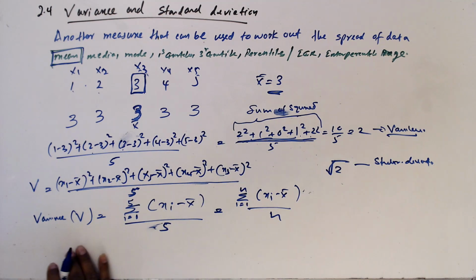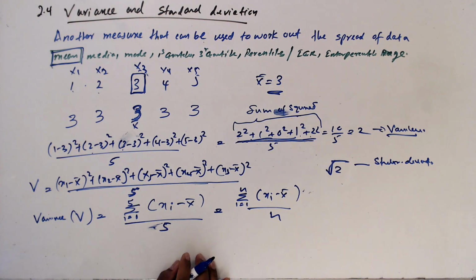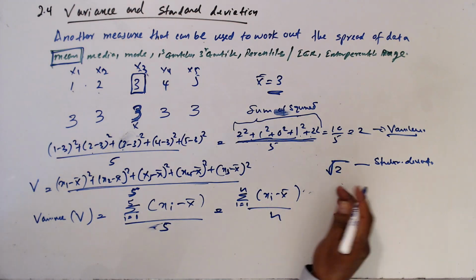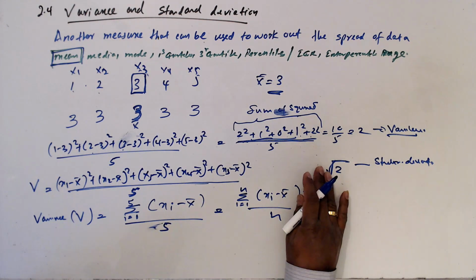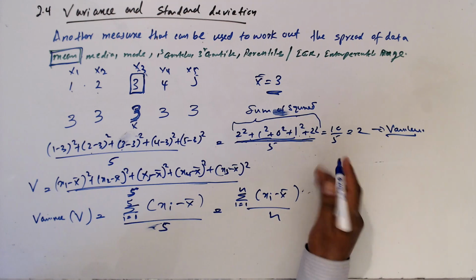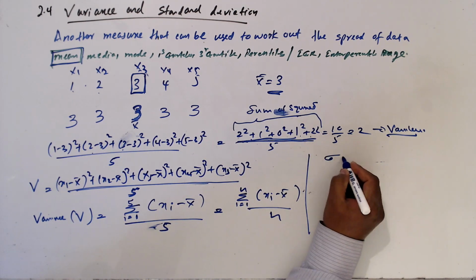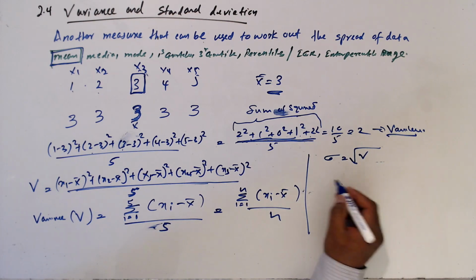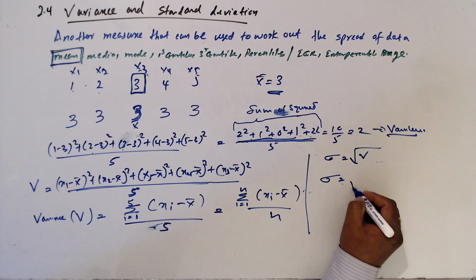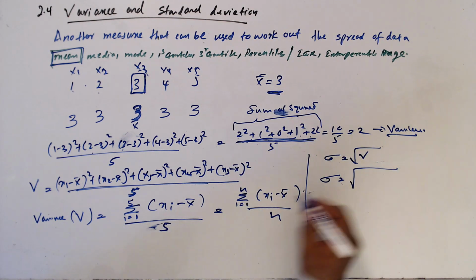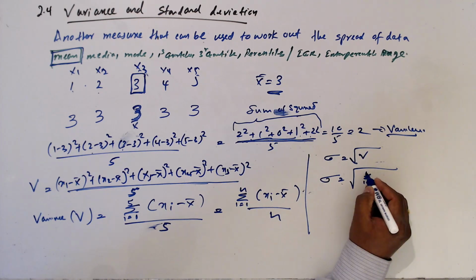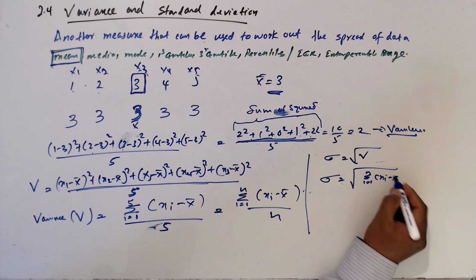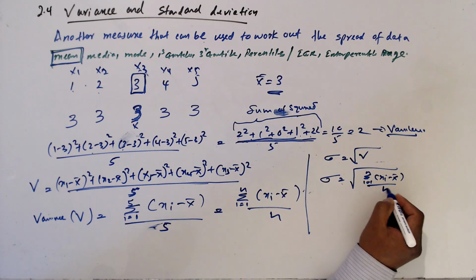So this is the variance. And the standard deviation is the square root of the variance. So standard deviation is the square root of the summation from i equals 1 to n of xi minus x bar squared over n.